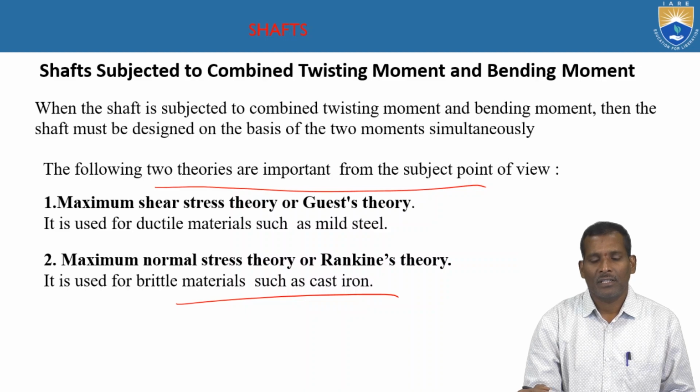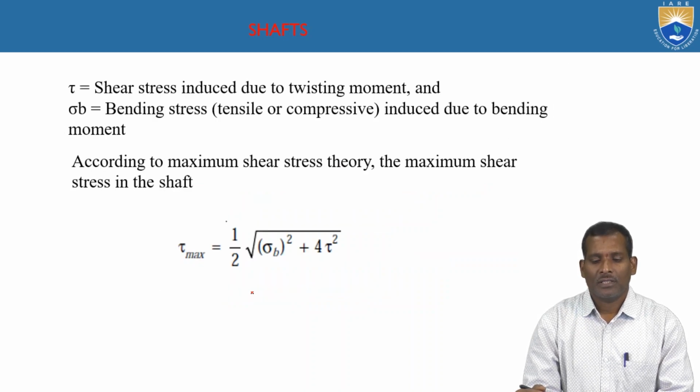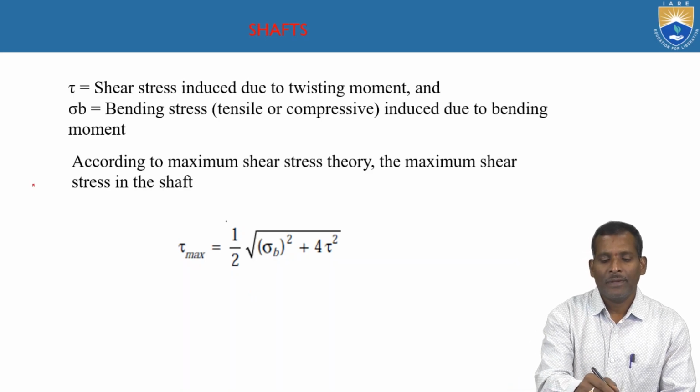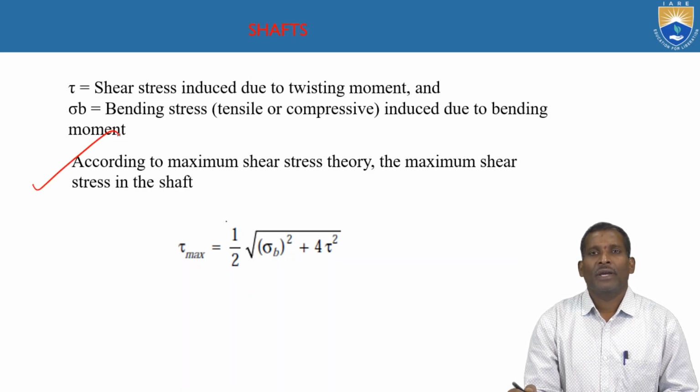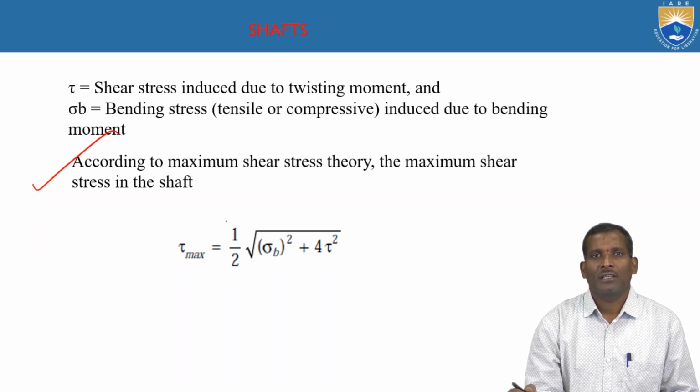Similarly, for brittle materials the maximum normal stress theory is used. Clear? An example is cast iron. Here shear stress is induced due to the twisting moment and bending stress is induced due to the bending moment. First we apply the maximum shear stress theory.